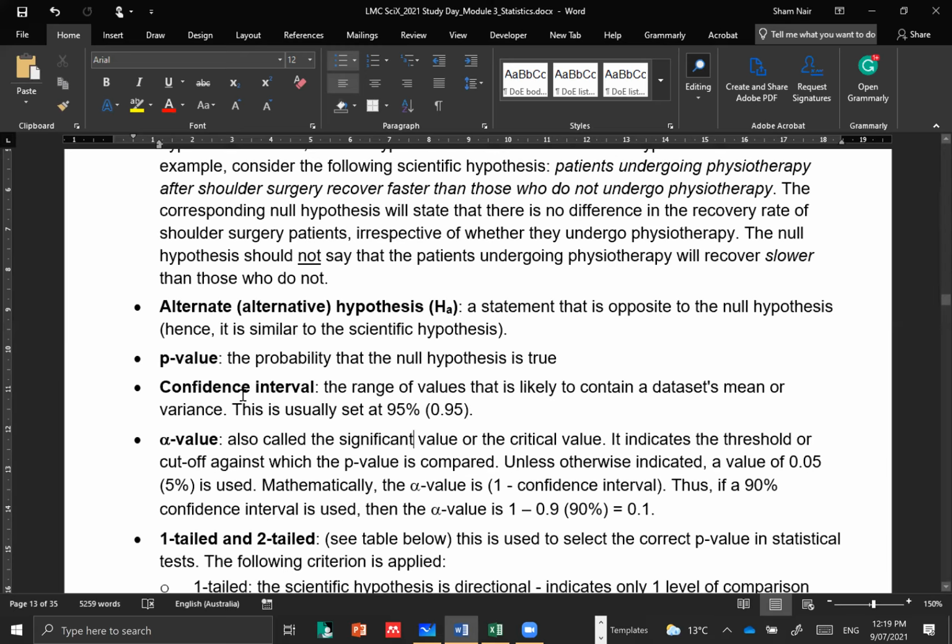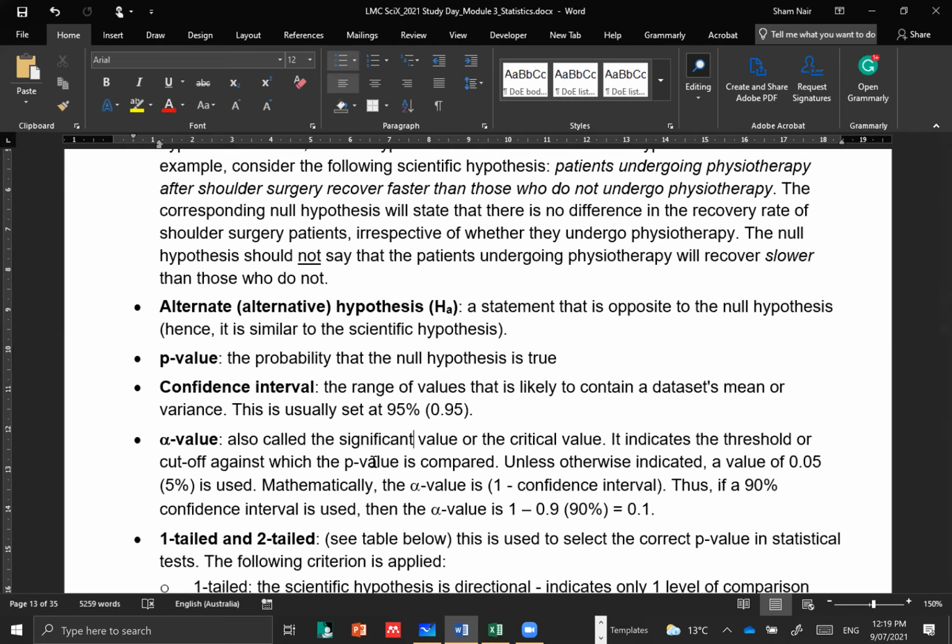So that's the confidence interval. The alpha value is the significance value, or the critical value. They all mean the same thing. And this is basically the value outside of your confidence interval.